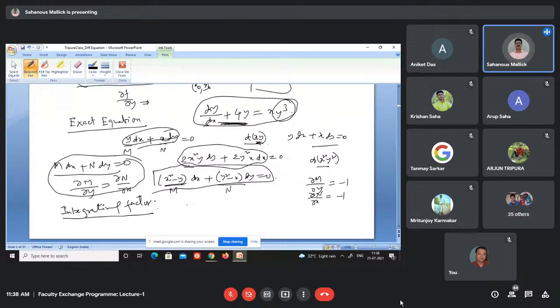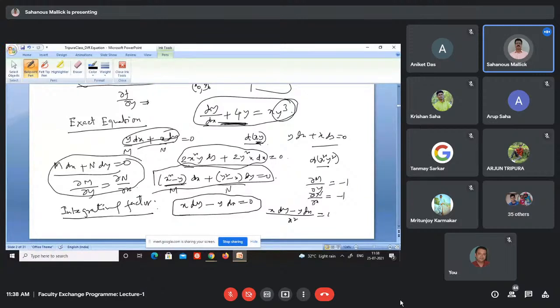Here we write x dy minus y dx equal to 0. Clearly, this equation is not exact. But if we multiply this equation by 1 by x square, it takes the form (x dy minus y dx) by x square equal to 0.